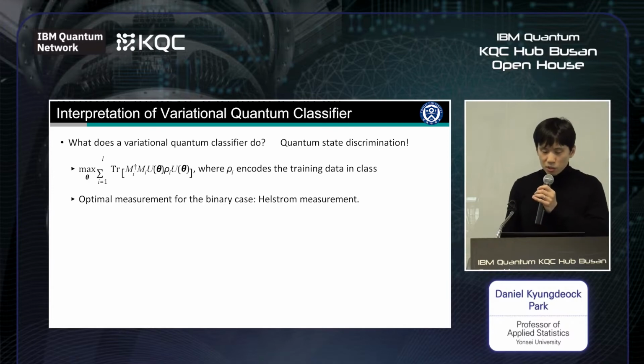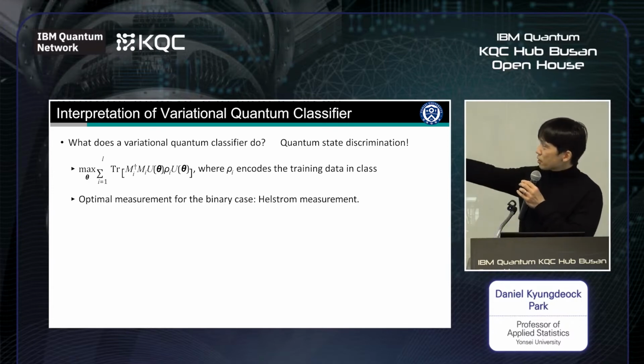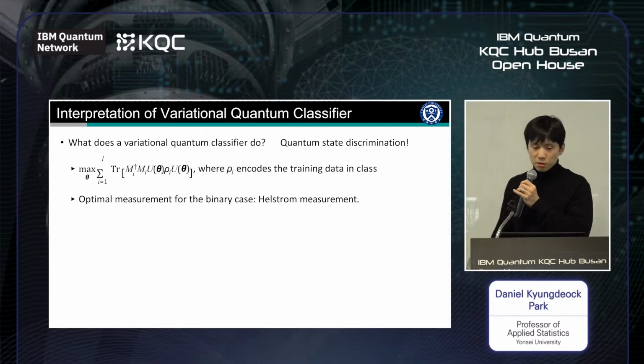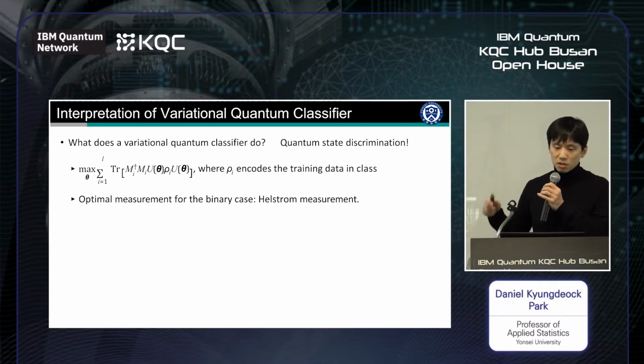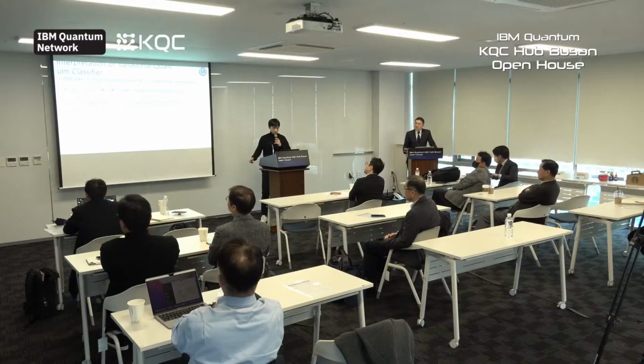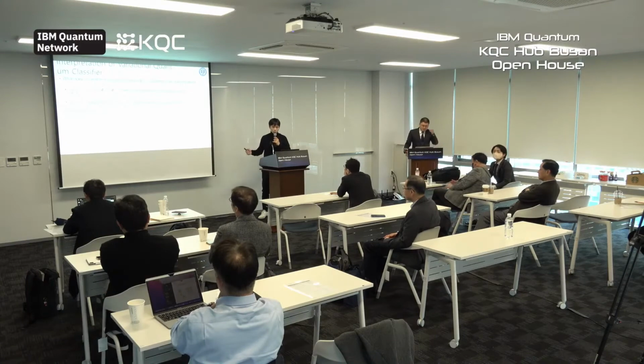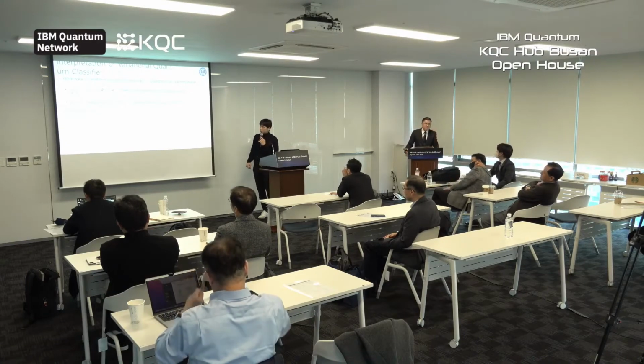And I think it was in the 60s that Carl Helstrom actually solved this optimization problem for the binary case. So in the binary case, we can write down the optimal solution analytically, and it's known as the Helstrom measurement. So in the binary case, we know the bound. We know how good we can do. It's known as the Helstrom bound.